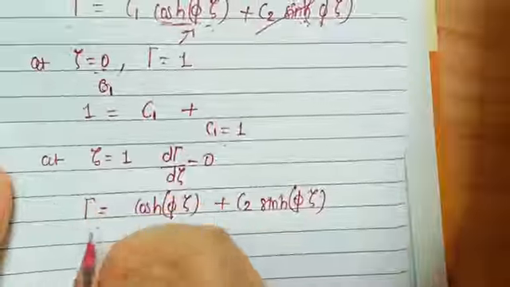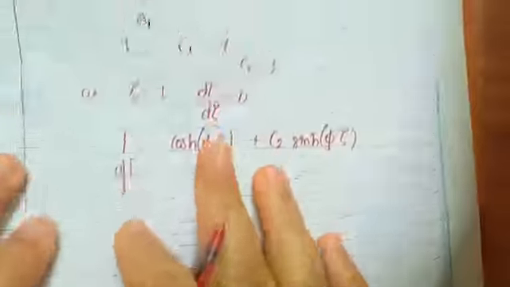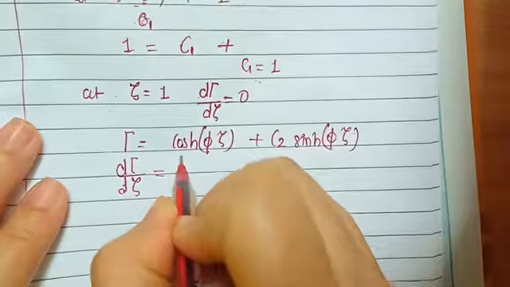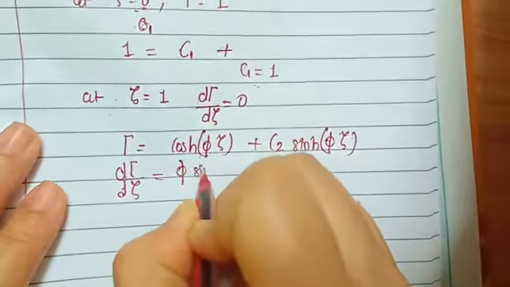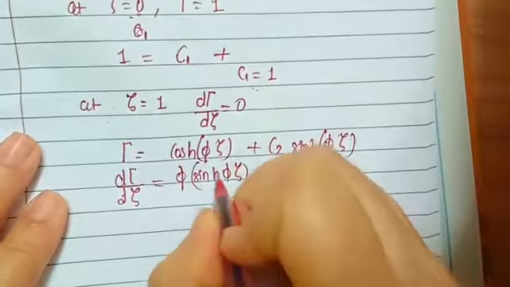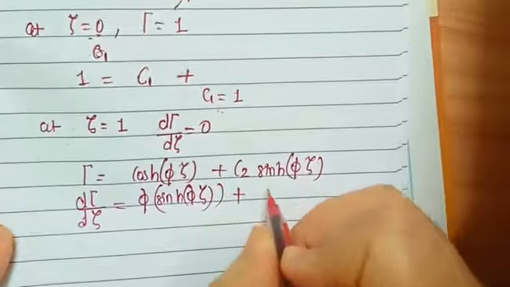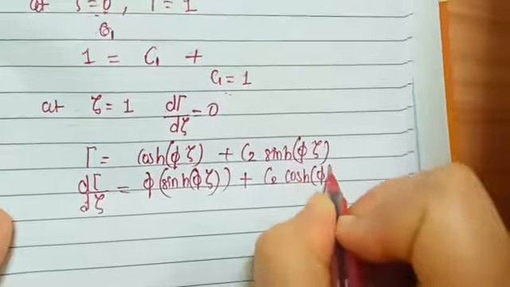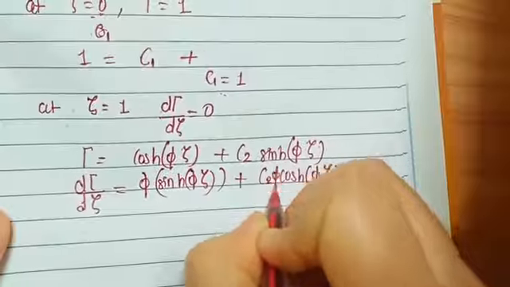So we need to take the derivative. d gamma upon d zeta is equal to the derivative of cosh phi zeta, which is phi into sinh phi zeta, and the derivative of sinh phi zeta is cosh phi zeta, and before that phi will be there.